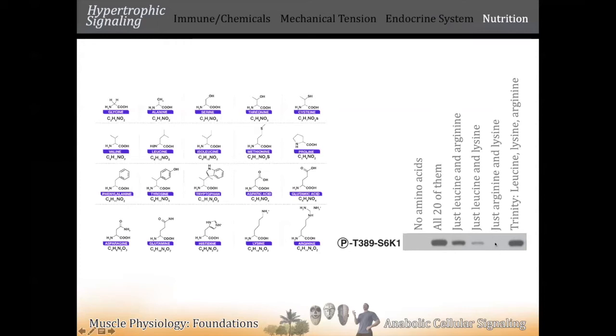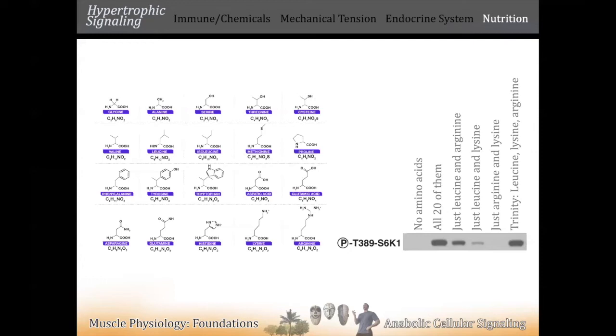So leucine is sort of the most important one for activation, but just leucine by itself, you're not really going to get anything happening. That trinity, leucine, lysine, arginine, that's what I've been talking about this semester. You get about 90% of the activation, 90% of the phosphorylation.